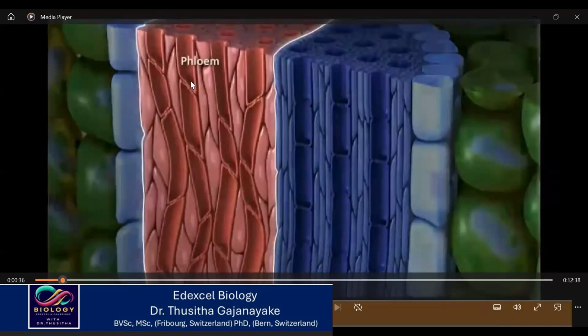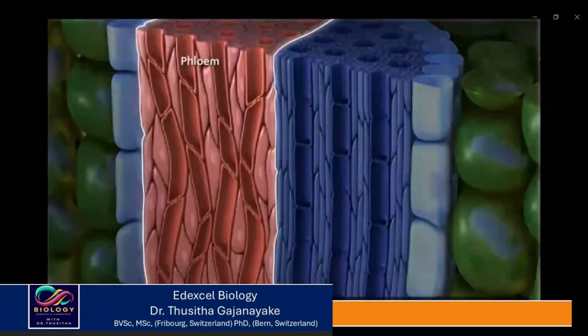Phloem, last time we learned, has a plate called the sieve plate, and xylem, the blue colored one, usually doesn't have such things in the middle. They make a continuous column.